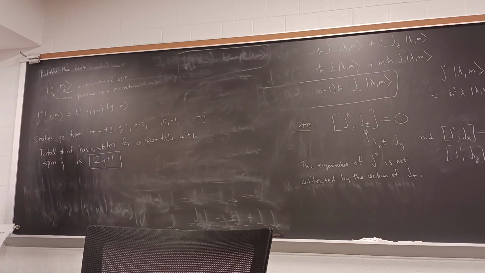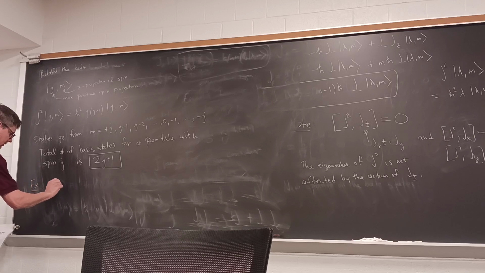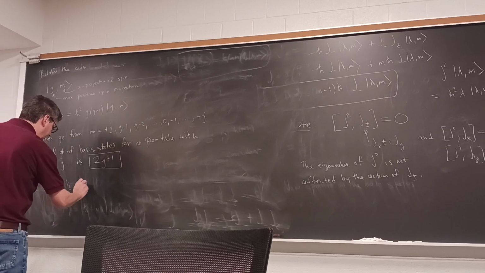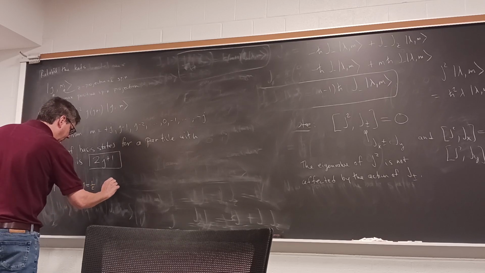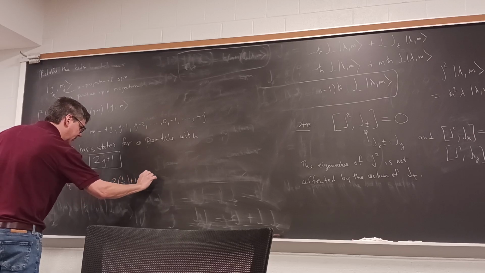There are 2j plus 1 m values. So for spin 1/2, j equals 1/2, and we have 2 times 1/2 plus 1 equals 2 states.